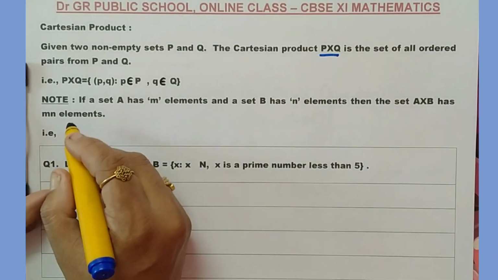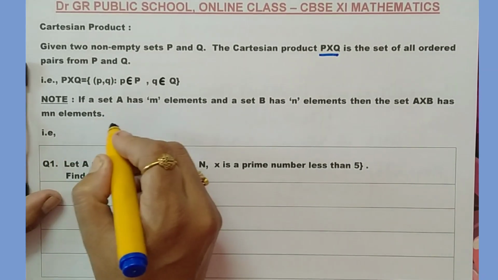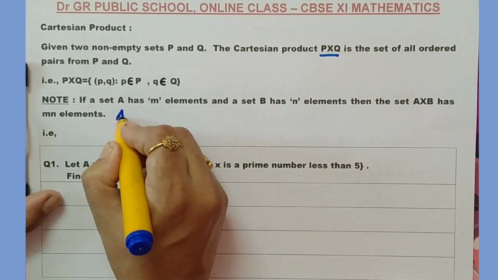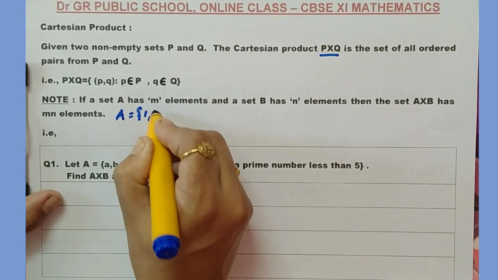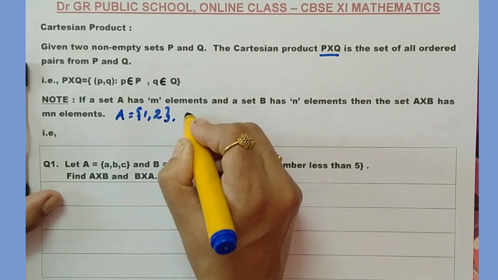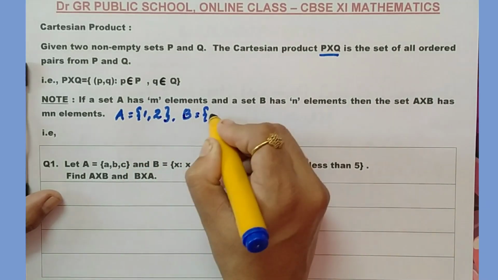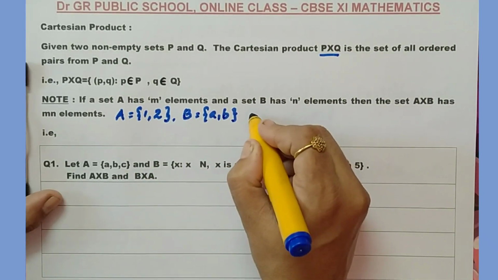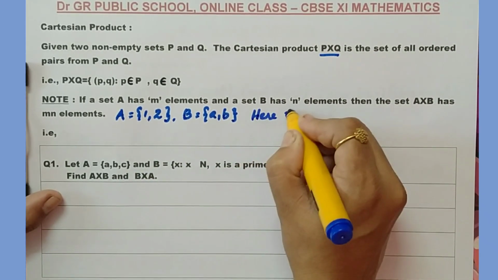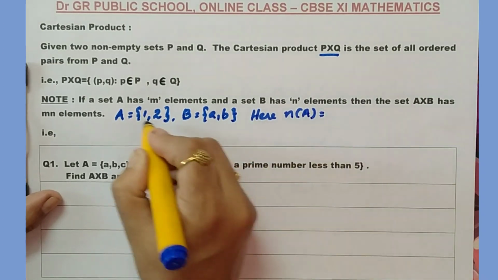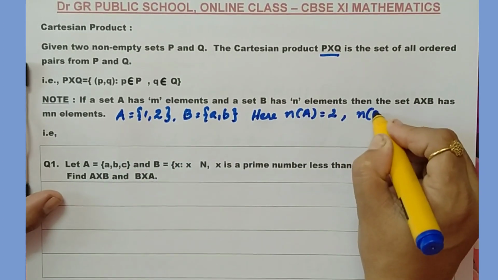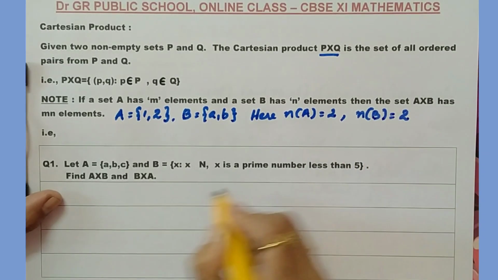Now, one more thing. Suppose I consider another set A equal to the set {1, 2} and B equals the set {a, b}. Here n(A), the number of elements in the set A, equals 2. The number of elements in the set B is also equal to 2.